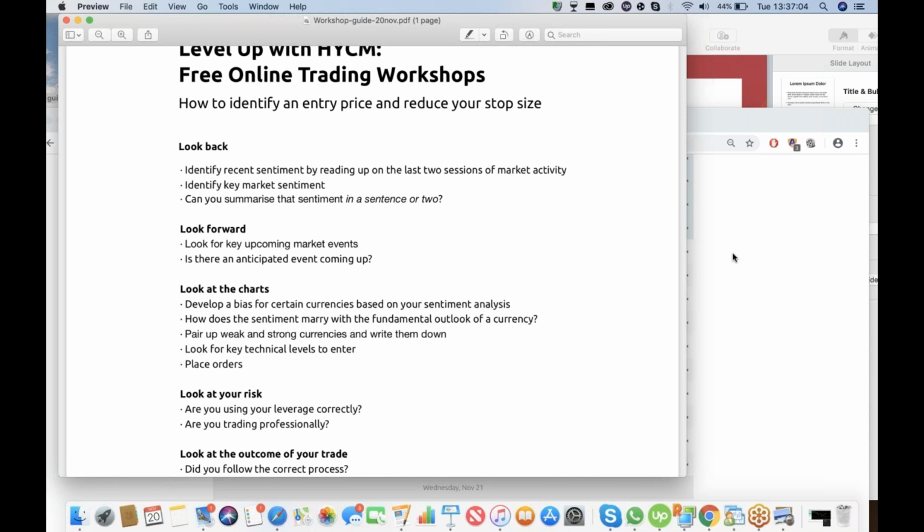What currencies might we be looking at trading today? This is the bit, guys, where you do your work, don't forget. So we've discussed some currencies that we expect to be weak. We've now discussed some currencies that we expect to be strong. So which currency pairs will we be looking at trading?